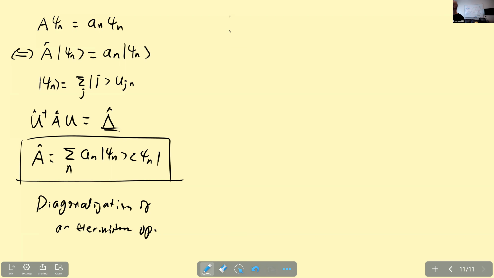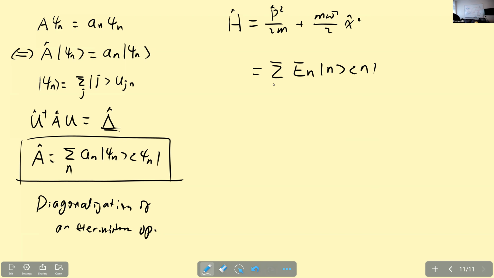For example, if we have a Hamiltonian, remember this one is P squared over 2m plus m omega squared over 2 times X squared. So this is the operator. But this one can be written as a summation of E_m |m><m| for m equals 0 to infinity, and E_m equals (m plus 1/2) h bar omega.